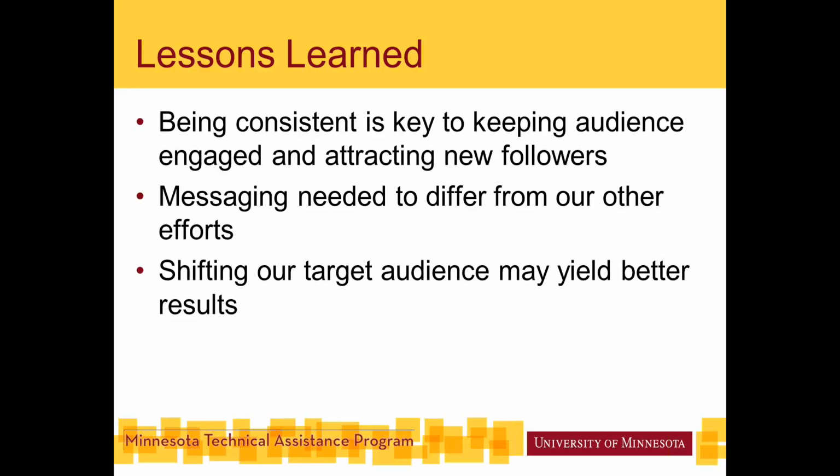Early on, we found it to be so time-consuming that we really weren't consistent in our posting, and it would be infrequent at best. The other thing we found is that our messaging needed to differ from our other efforts. We were sending a lot of pollution prevention tips and facts and how-to type things.